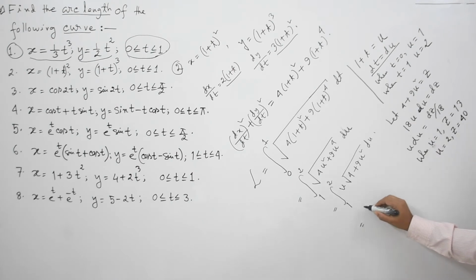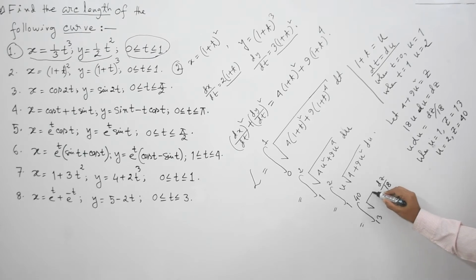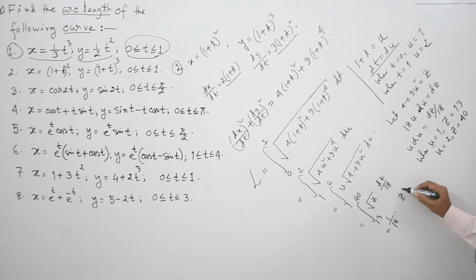So this integral now becomes the integral from 13 to 40 of root z, with u du equal to dz by 18. So this equals 1 by 18, and the integration of root z is z to the power 3 by 2 times 2 by 3, from 13 to 40.